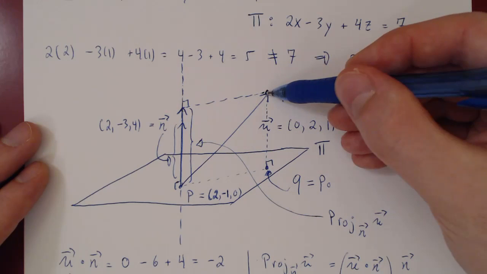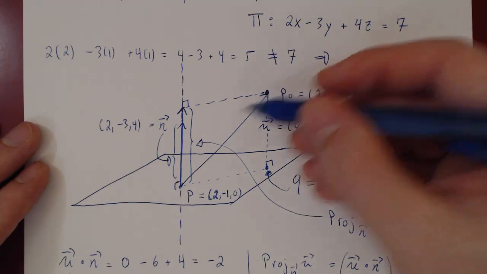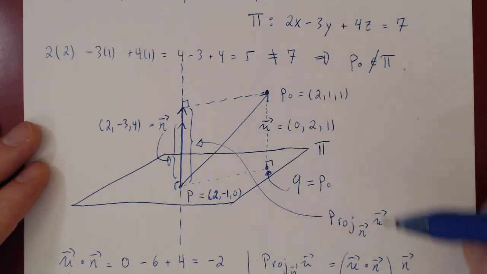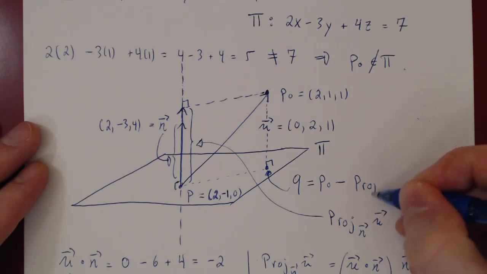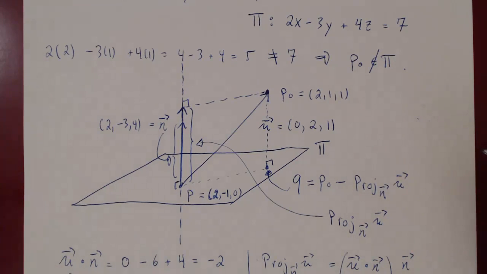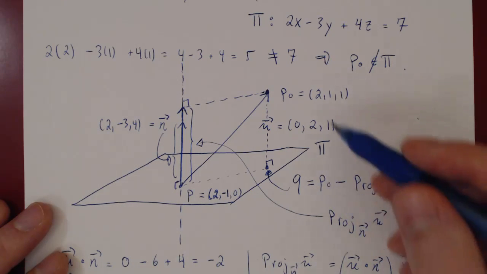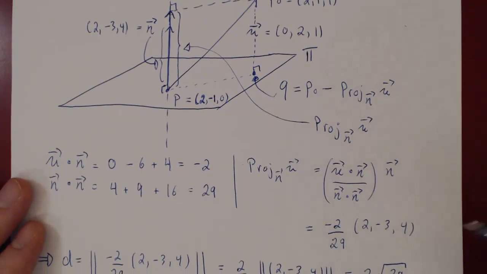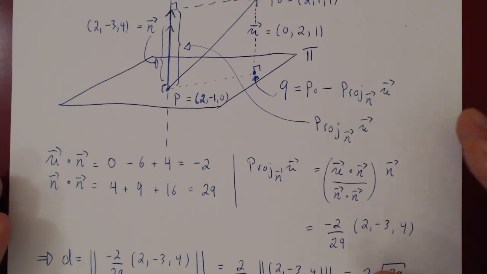Of course, if you add that to P0, you land way over here. But if you do P0 minus the projection of u onto n, you land exactly on the right spot. So this is P0 minus the projection of u onto n. And as before I leave the calculations up to you, the point P0 is just 2, 1, 1, and the projection of u onto n is just the vector -2/29 times 2, -3, 4. So there you have it.